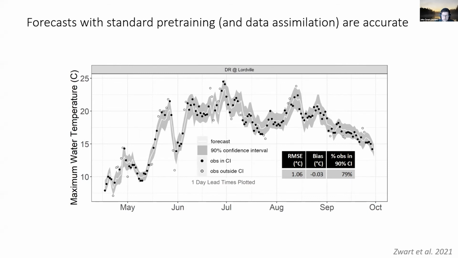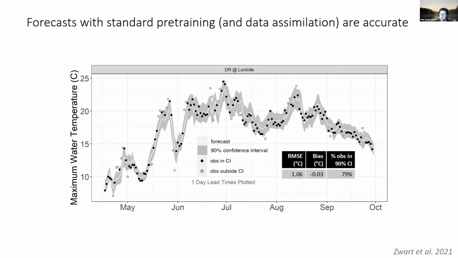The observations of stream temperature that fall within that 90% CI are the black circles, and the ones that fall outside the bounds are the open circles. So most of the observations fall within this 90% confidence interval, which is what we would want. In fact, about 79%, which means we're a little bit overconfident in our model, but I'll talk about ways that we're trying to improve that.